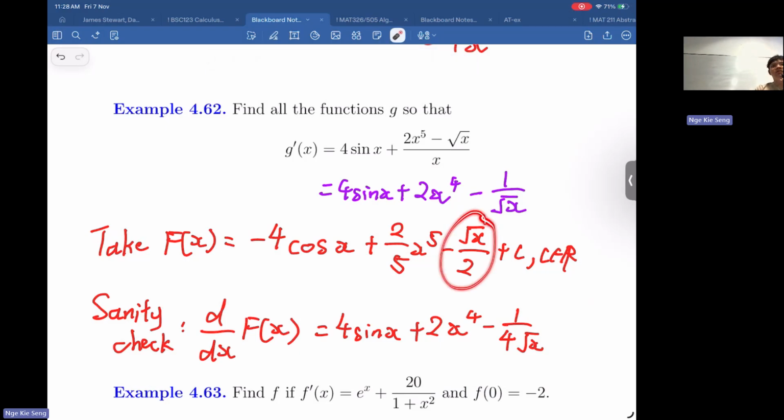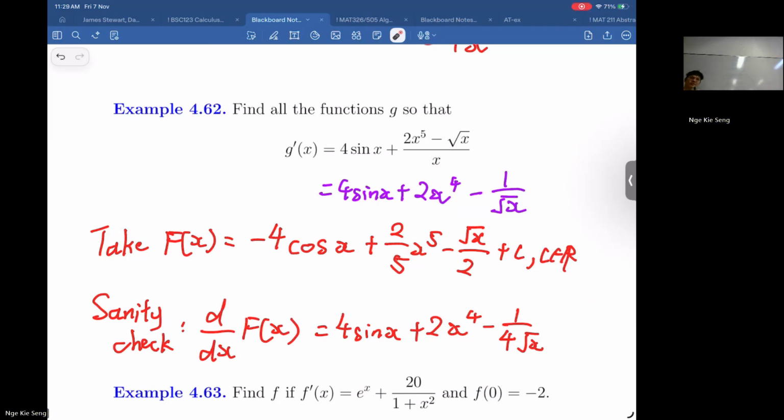The half has to come down. Can I modify my antiderivative? We need to modify this term, so it becomes minus 2 root x instead of over 2.